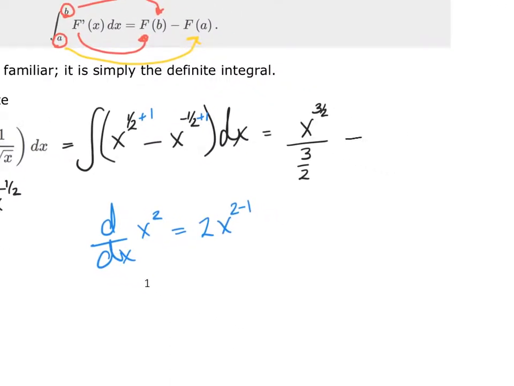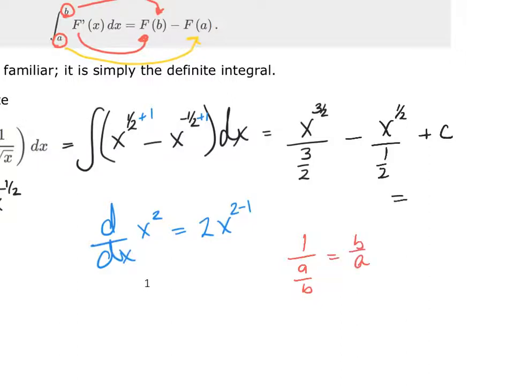If I add 1 to negative 1/2, I get x raised to the 1/2, and then I need to divide by that power, which is 1/2. I'm going to put plus c. I'm just going to clean this up, and I'm going to use the rule that if I have 1 over a over b, then this is going to be b over a.